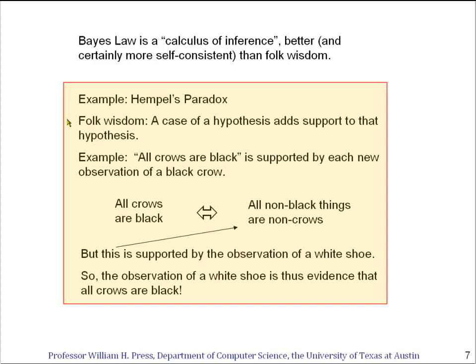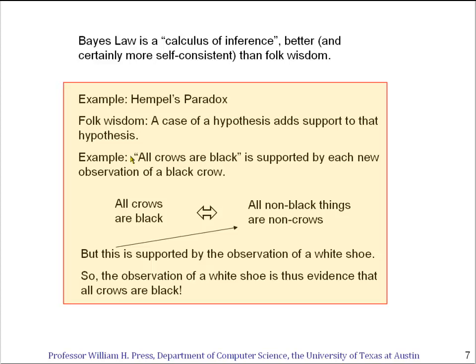Okay? So an example is the hypothesis that all crows are black is, in this folk wisdom, supported by each new observation of a black crow. You go through life and you see a crow and it's black, and then sometime later you see another crow and it's black, and by the time you've seen 1,000 crows, you say to yourself, I think that all crows are black. Sounds very reasonable.